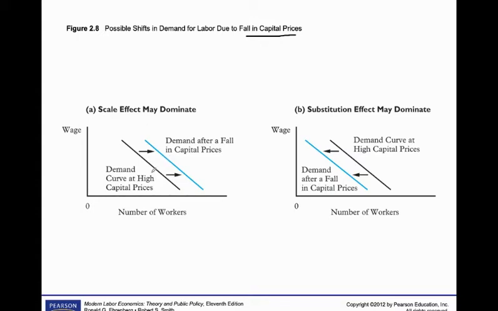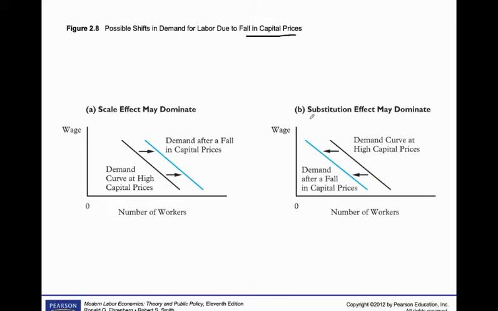And because capital here is a complement to labor, a falling price of capital means the firm can now use more capital, and when the firm is using more capital, the firm also needs to hire more workers. And as a consequence, the demand for labor by this firm would shift to the right.